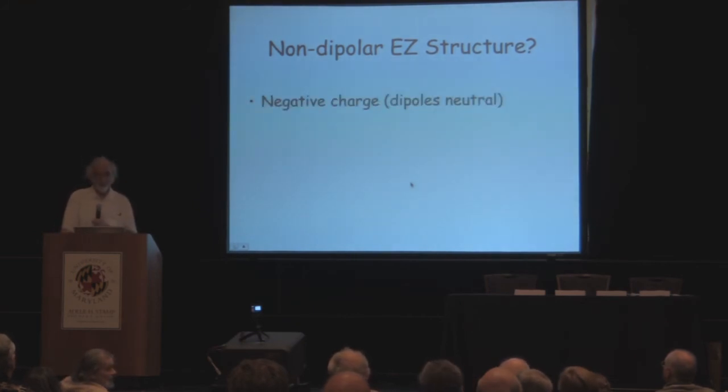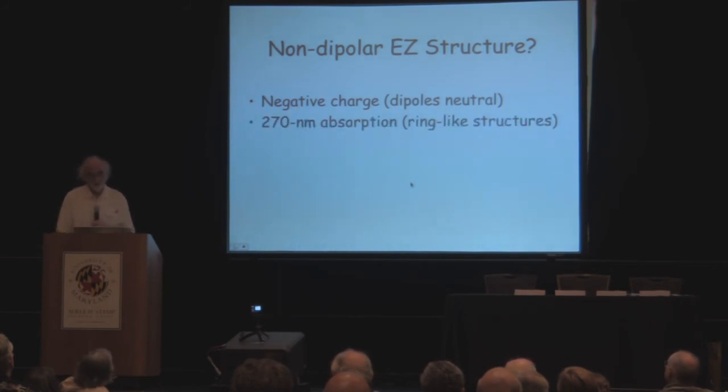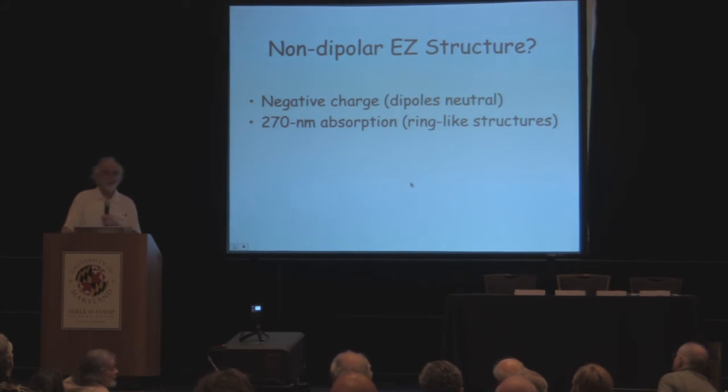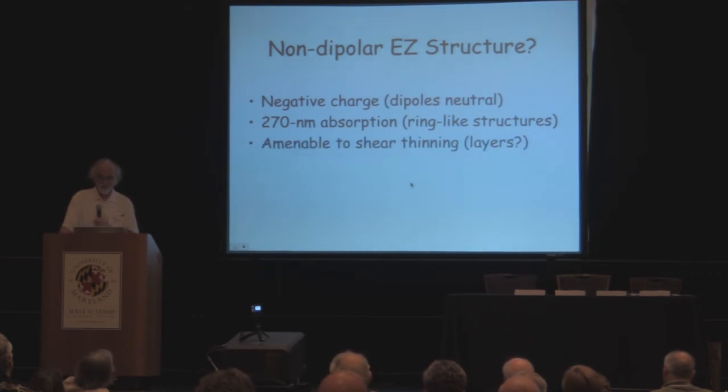The first is that, well, you know, it doesn't take a rocket scientist to figure out that this has negative charge and dipoles are neutral, so dipoles don't seem to work. The second is that this absorption at 270 nanometers, usually this kind of absorption is characteristic of ring-like structures, or at least structures with delocalized electrons, not dipoles. So dipoles don't really fit, something else.